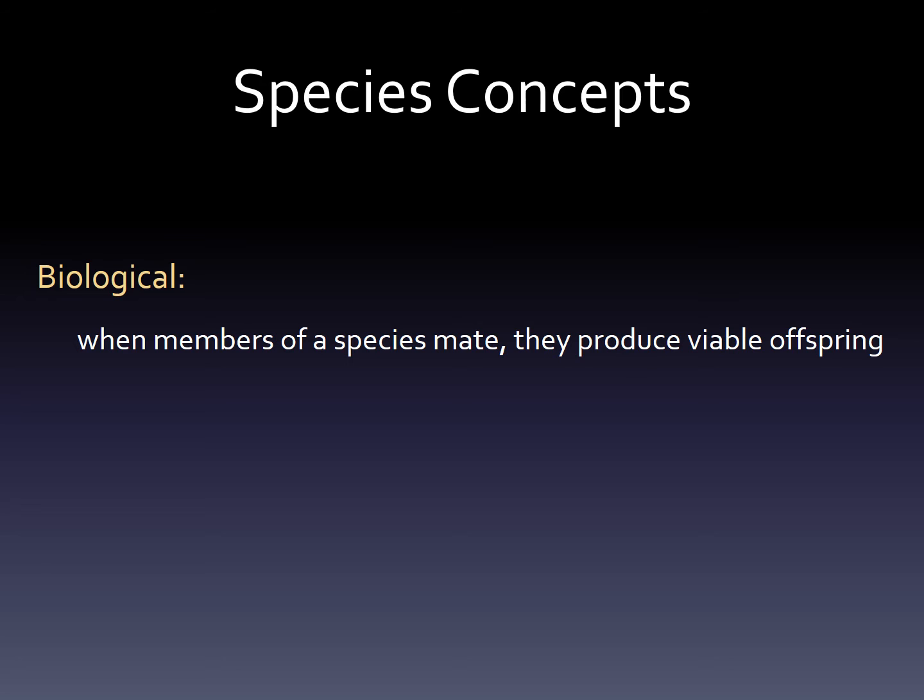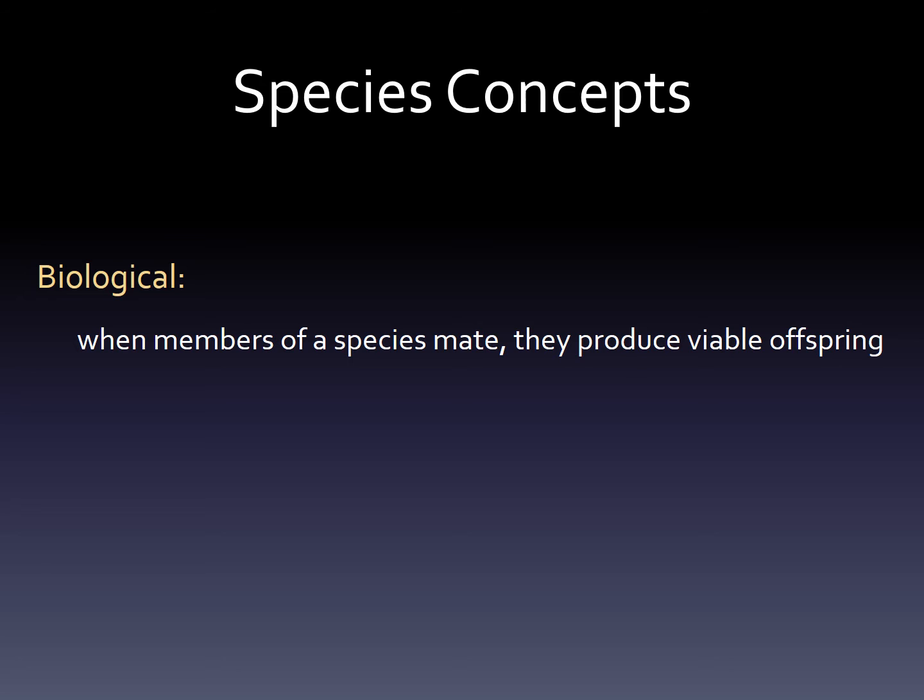Scientists have come up with different logic rules to apply to defining species, and they're applied in different contexts. So I'm going to teach you two of these species concepts, and we'll talk about why it makes sense to have both at the same time. So the standard species concept is called the biological species concept.